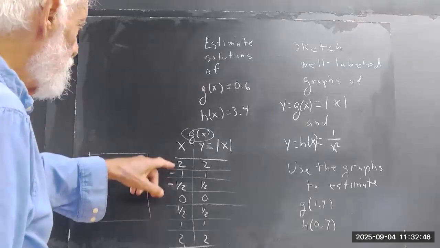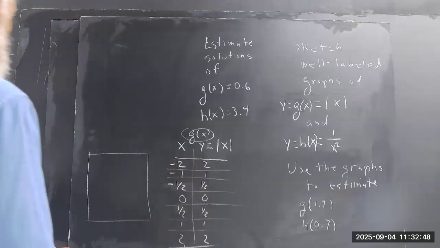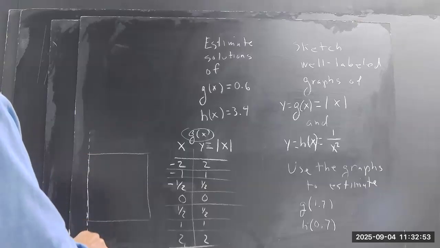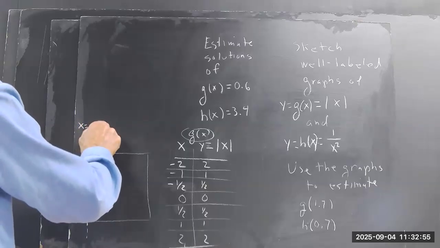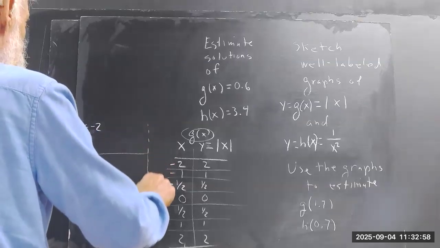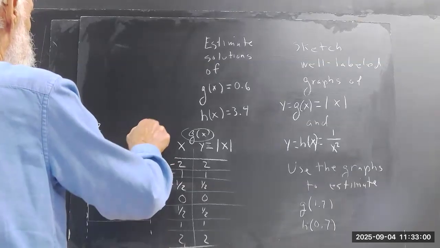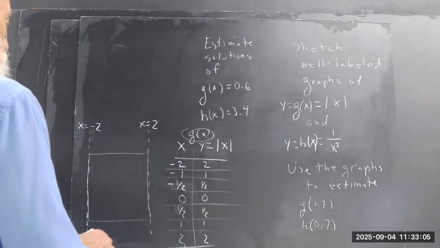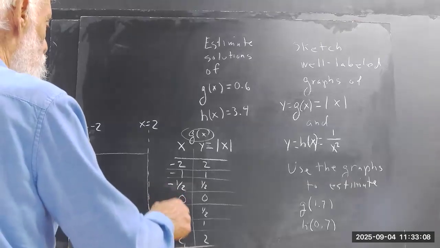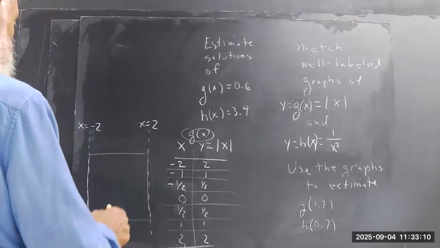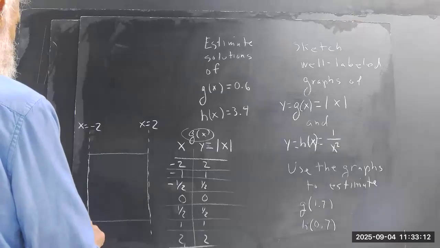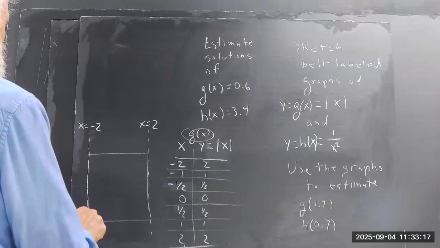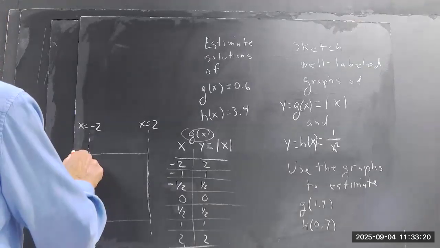And I see that my x values go from -2 to 2. So I'm going to label this vertical dotted line x equals -2. And I'm going to label this vertical dotted line x equals 2. My y values go from 0 to 2. So I'm going to label this horizontal line y equals 0.